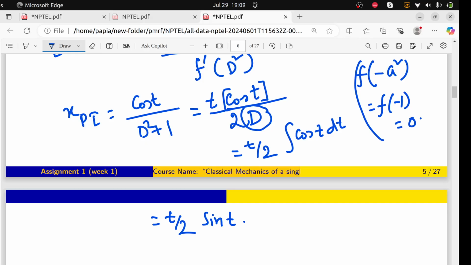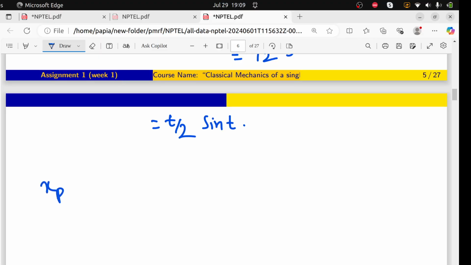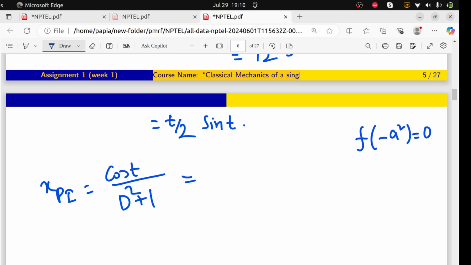Maybe this part is a little bit problematic, so I am telling this part again. I hope it will be clear now. This was my condition, and I see that f of minus a square is 0. So what I am going to do, I am taking t outside, then cos t divided by the derivative of D square plus 1. The derivative of D square plus 1 is giving me 2D.